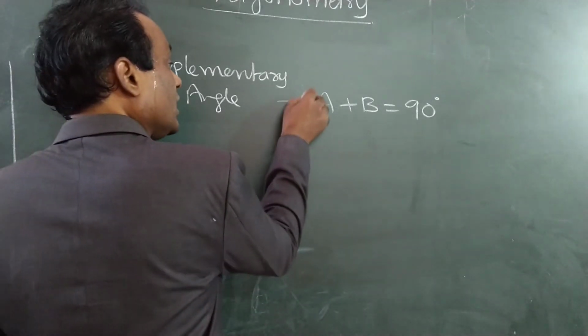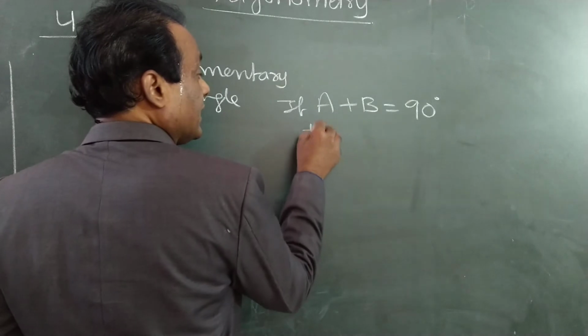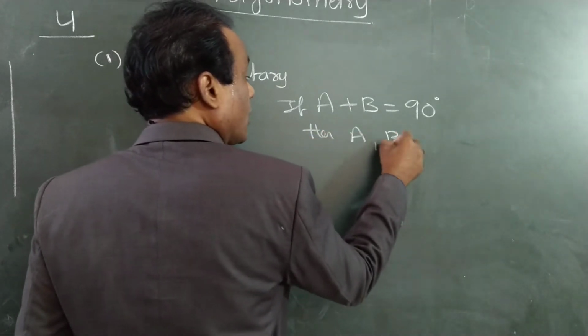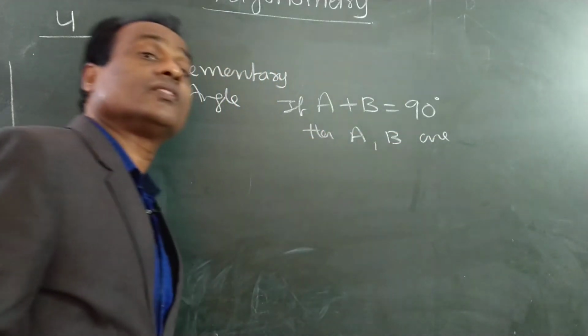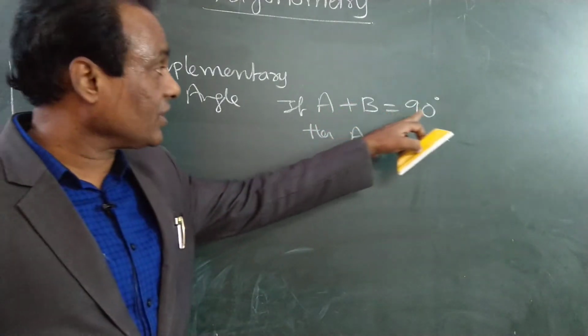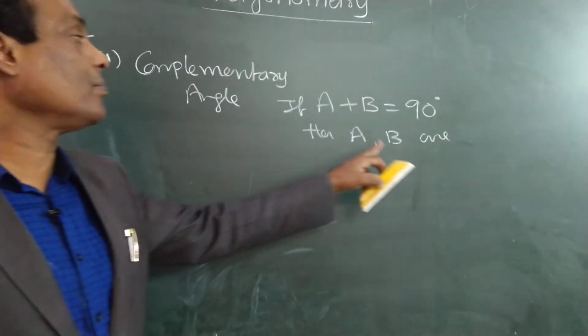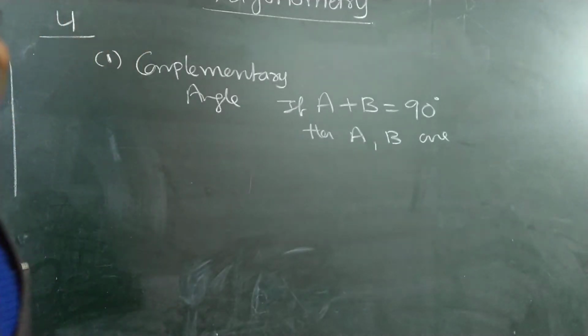Write down this also. If A plus B is equal to 90 degrees, then A, B are called complementary angles.